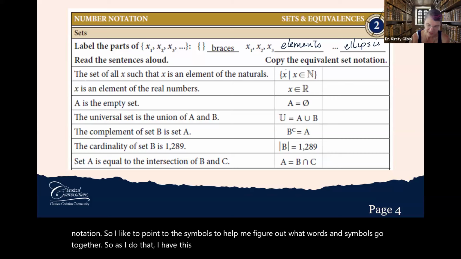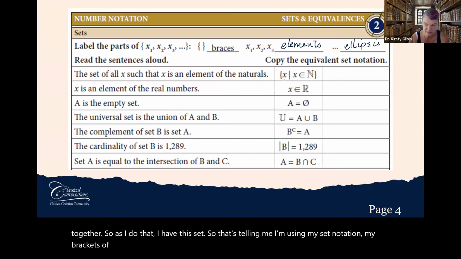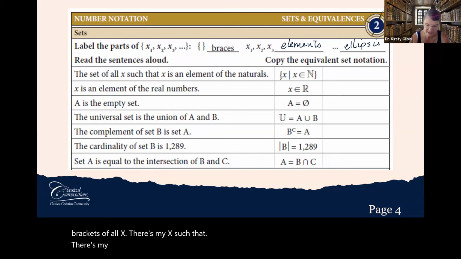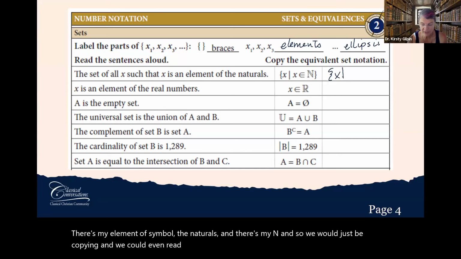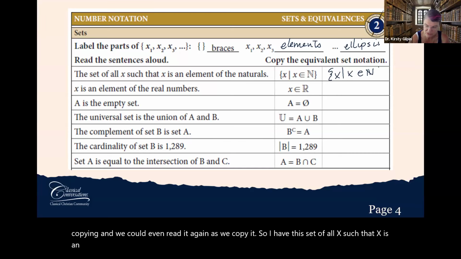That's telling me I'm using my set notation, my brackets, of all X, such that, there's my bar, X is an element of, there's my element of symbol, the naturals, and there's my N. And so we would just be copying, and we could even read it again as we copy it. So I have the set of all X such that X is an element of the naturals.